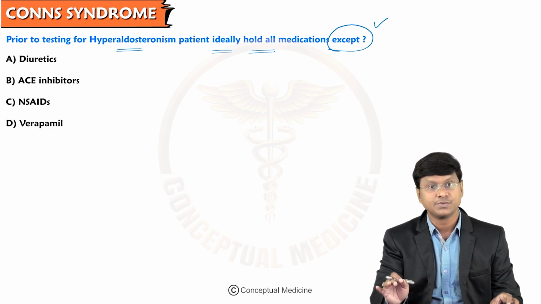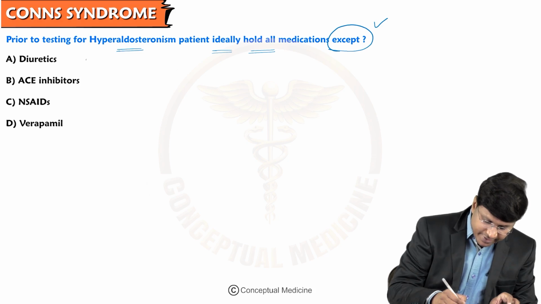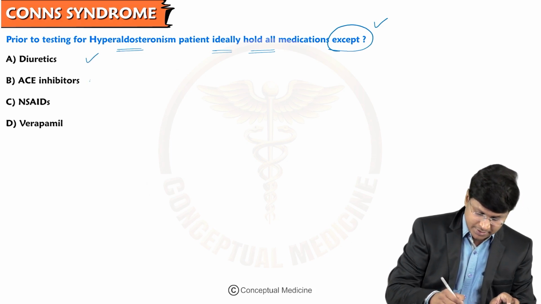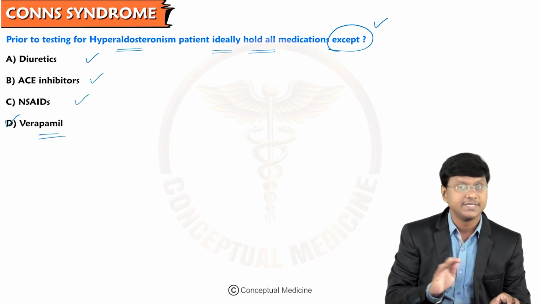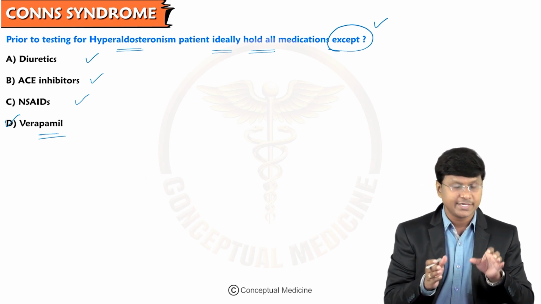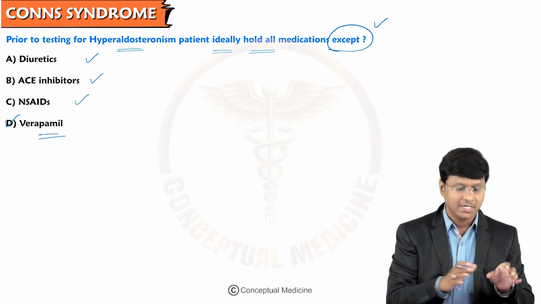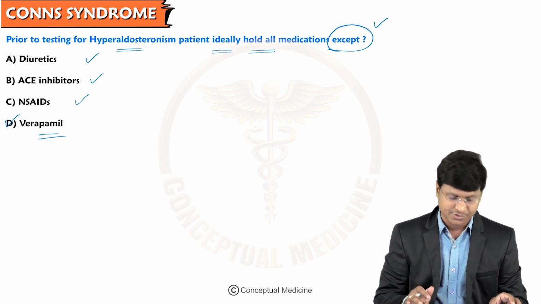Let me tell you, the individual has to hold on diuretics, ACE inhibitors, NSAIDs, but verapamil is not required. The question asked is except. So remember, almost like 2 weeks prior to testing, what are the precautions you need to take if you want to check for the primary hyperaldosteronism?